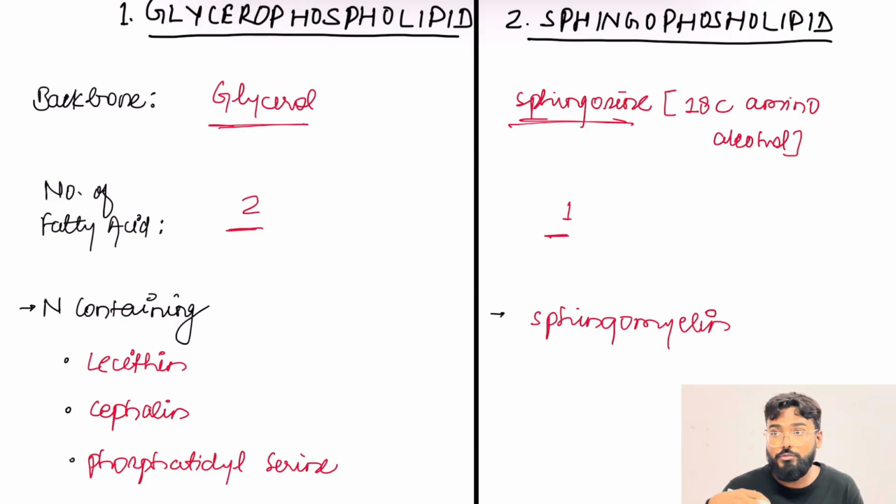So when you say sphingolipidosis, it does not involve glycerophospholipids, which do not contain sphingosine. These do not form any disease included under the sphingolipidosis. So it's only sphingomyelin and the defects related to sphingomyelin that you are going to see in sphingolipidosis.